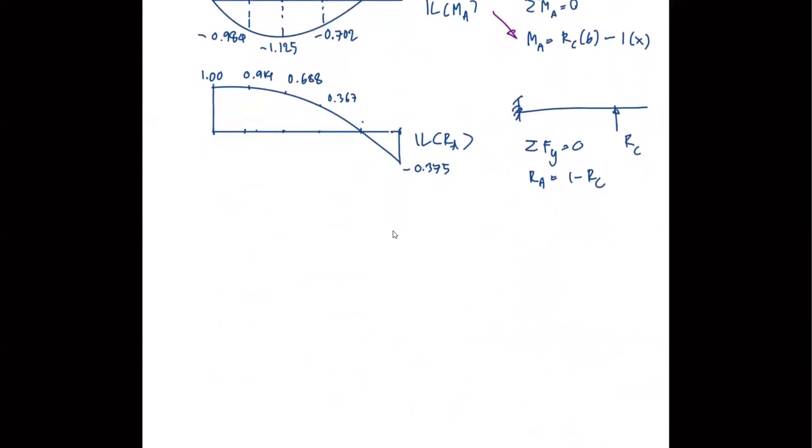It's going to look like this. Because the only way you can have moment at C is when your load is out beyond point C.